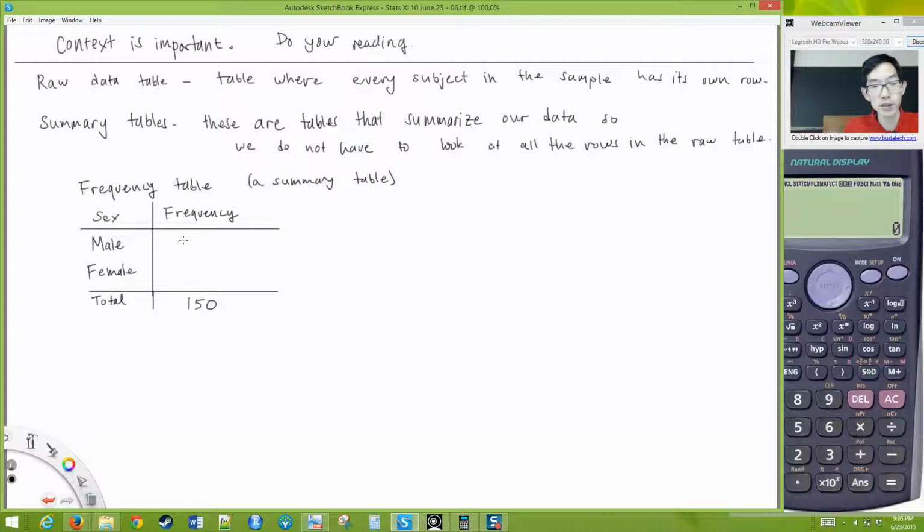So let's say we went through and we counted 72 males. How many females would then be in our, what did I count? 78, good. Okay, right? Because everything needs to add up to 150. And so here is a frequency table that summarizes everything that was in our raw data table.